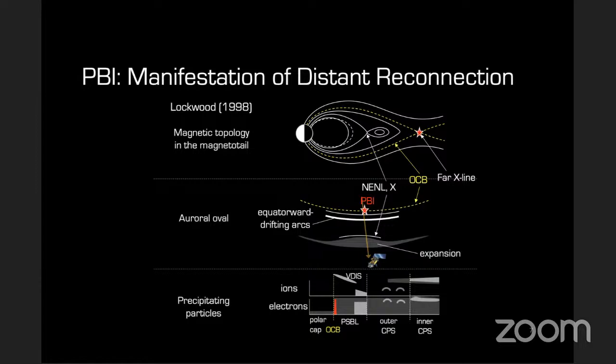As I showed in the movie before, PBIs develop in various ways after their initial formation. For instance, some PBI extend equatorward and the others extend azimuthally along the poleward boundary. So it would not be straightforward to explain the variety of such PBI evolution in terms of distant reconnection.